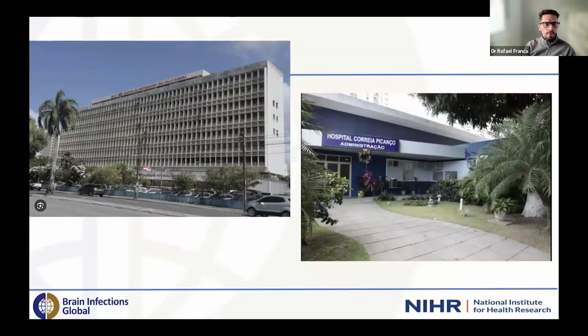This project was developed in these hospitals, where we looked at the patient journey and sample journey, and all the history and management of patients with acute brain infections, to try to identify gaps and steps that could be improved in the process of brain infections.